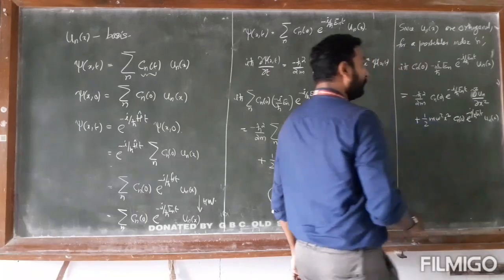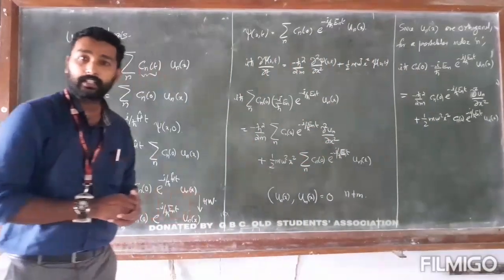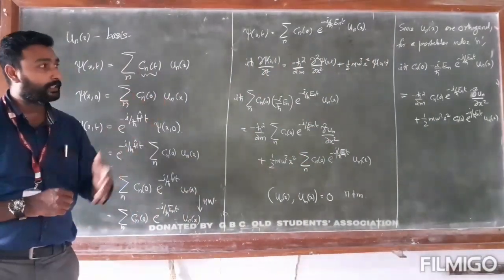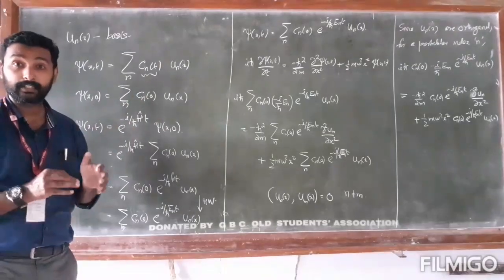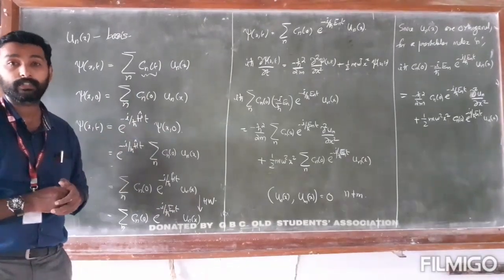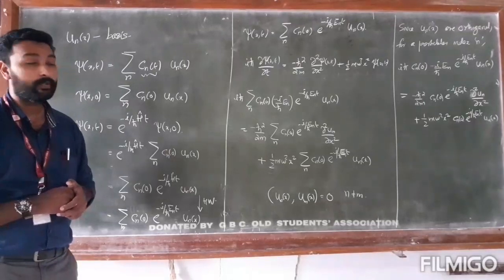So this must be the condition, and it must be valid for every n. The reason is that all the un of x are completely independent of each other.